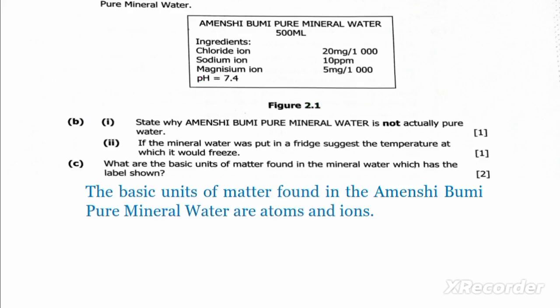So guys, here remember the answer is that since Amenshi Vumi mineral water is not pure, it will freeze slightly lower than the freezing point, which is 0 degrees Celsius.